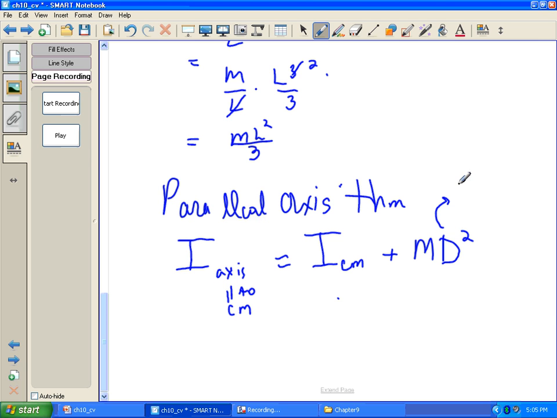This is the distance from the center of mass axis to the parallel axis.